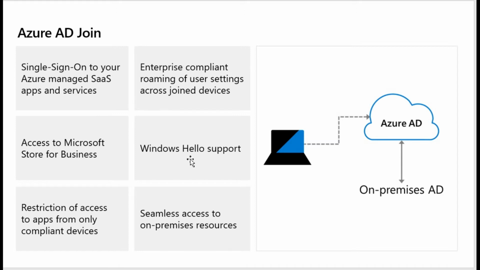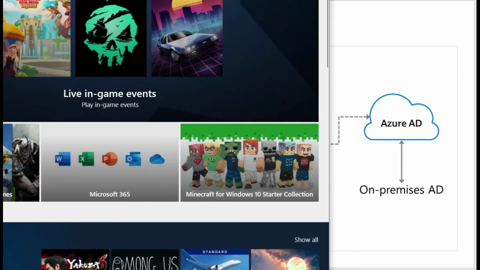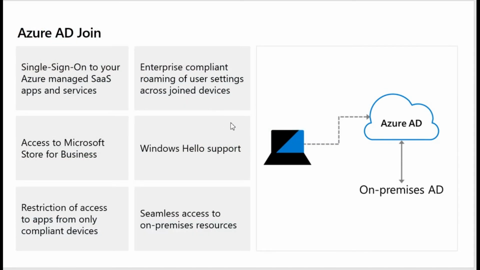That's what he's saying. And Microsoft Store is kind of like an App Store, but in the Microsoft App Store you can have company applications as well. And those company applications you'll be able to access when you have this Azure account or an on-premises account.